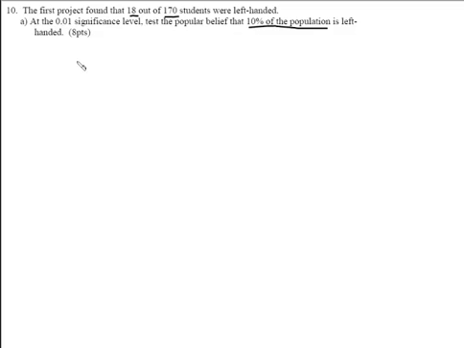So our first step, step one, is 10% of the population is left-handed. And in symbols, we would write P for proportion is 0.10. And so your opposite of that is not equal to symbol.